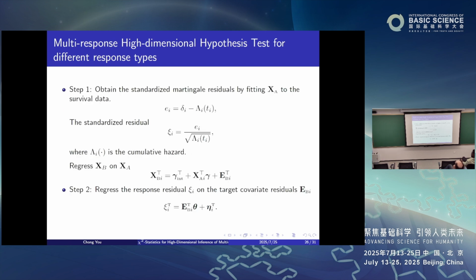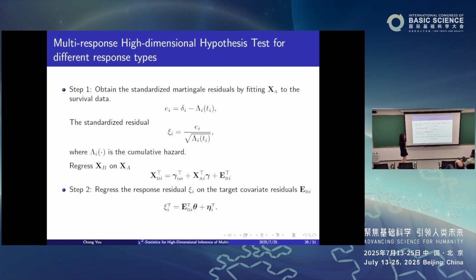So we adopt the strategy from linear model and generalized linear model. We try to use the residual-to-residual projection to test the hypothesis. But the problem here is that the residual in GLM and the linear model is easy to define. Then what should we do for the residual of survival data? We had many tries, and then we chose the martingale residuals.